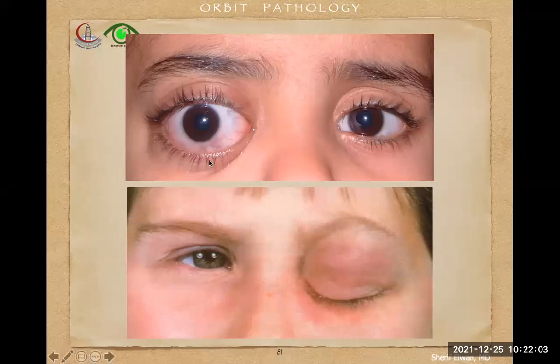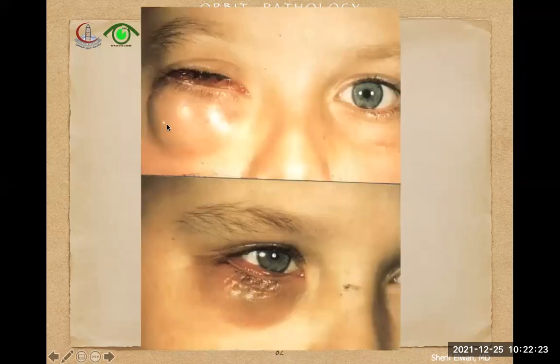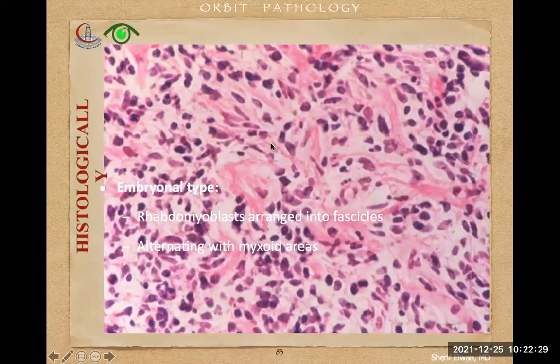Here is proptosis in a child around 5 years old, and this is the example here. So proptosis, or a mass in the eyelid. Here, a sort of acute cellulitis.